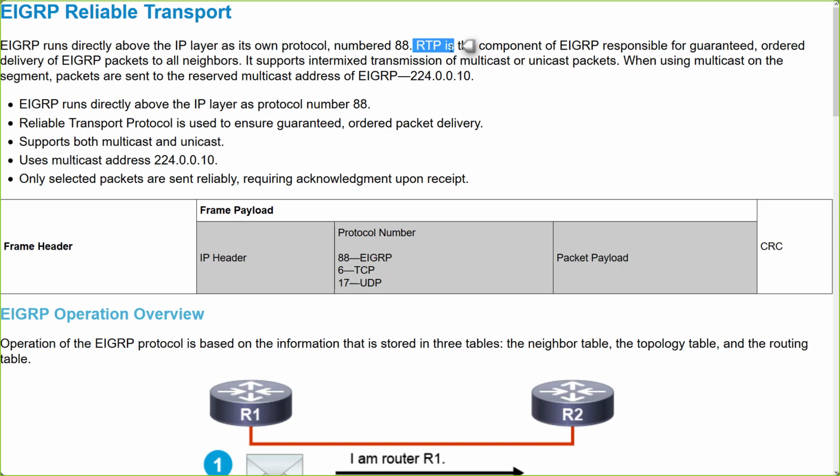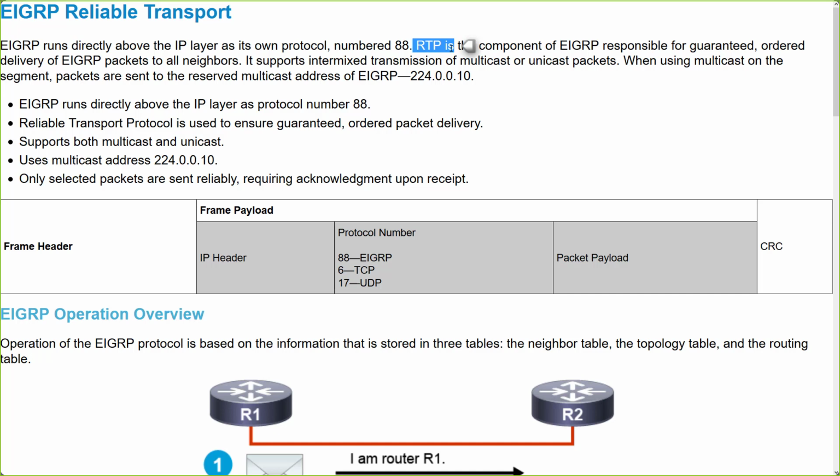But RTP is really just a function of EIGRP. It's part of the sequencing and acknowledgement elements that are included in the EIGRP packets themselves. So we're not running a separate actual RTP protocol on top of EIGRP, if that makes sense. Okay?